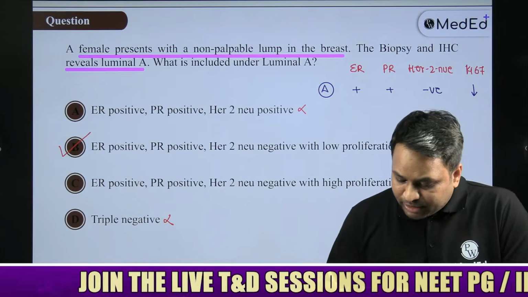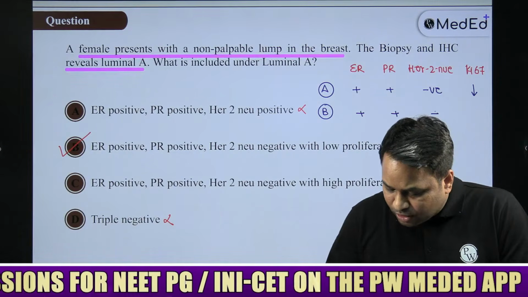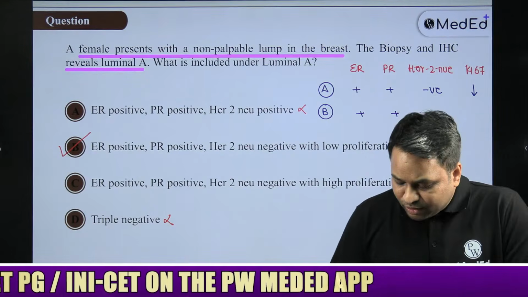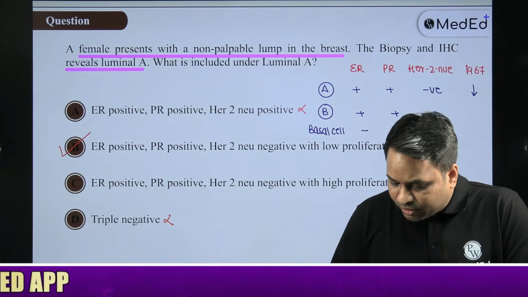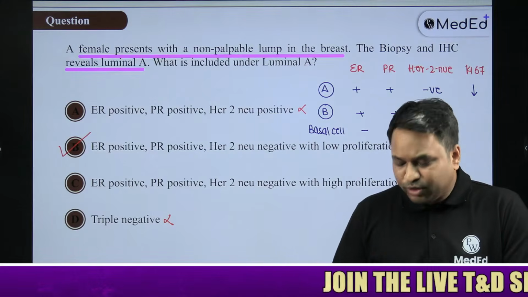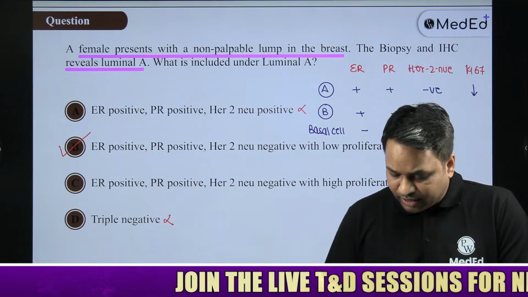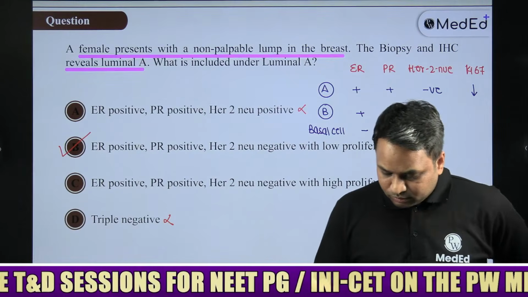If I talk about luminal B, all three of them are positive. It is called triple positive, right? Then you have the basal cell type, where all three of them are negative. That's triple negative. And the last one is your HER2 neu type, which is HER2 exclusive, right? So only HER2 neu is positive, the other two are negative.